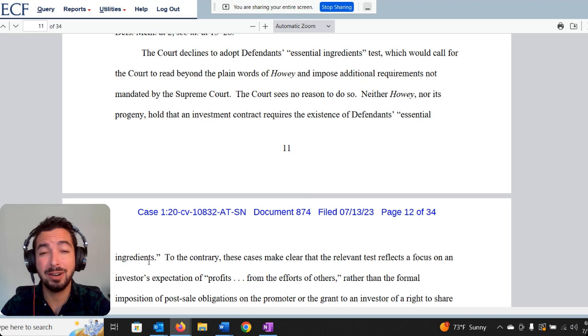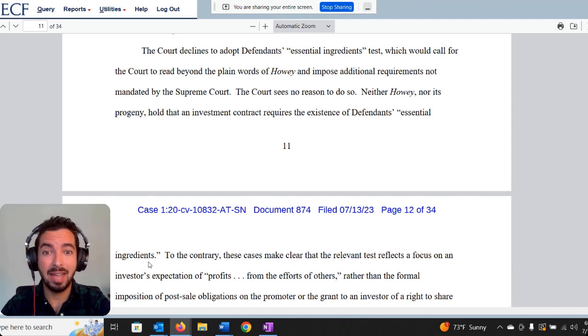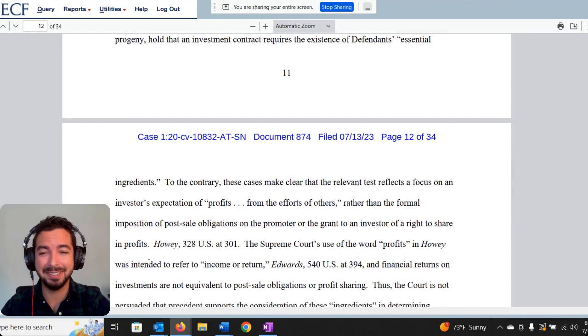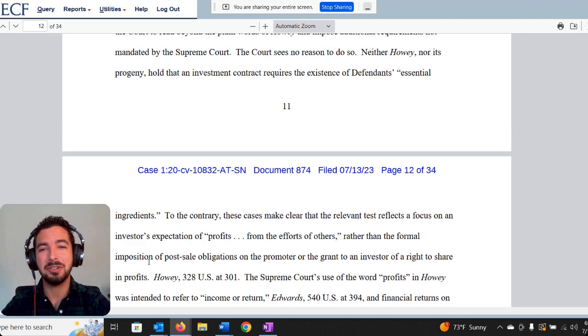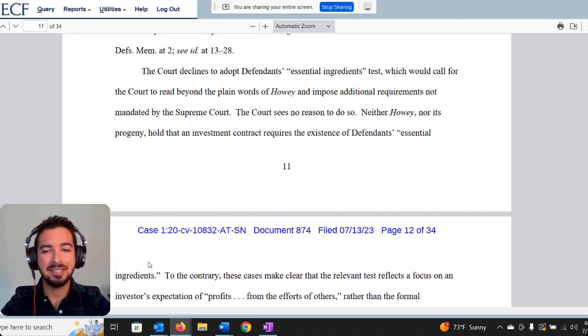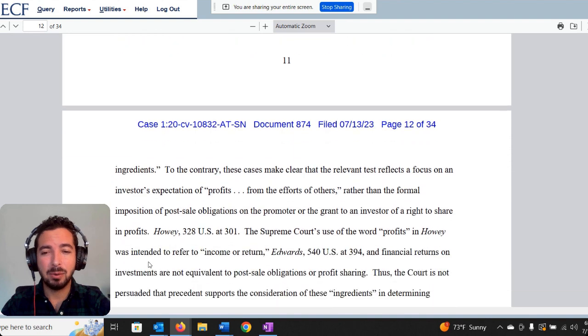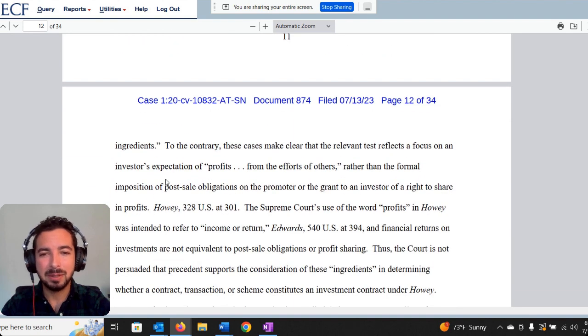So she's saying, listen, whatever it is that you're trying to add to Howey, none of the cases have ever talked about that. So that's just ludicrous. I'm not doing that. This is actually not good for Ripple. If the crux of their case relied upon this essential ingredients test to Howey, I hope they didn't hang their hats on that, but we'll see in the next video what happens.